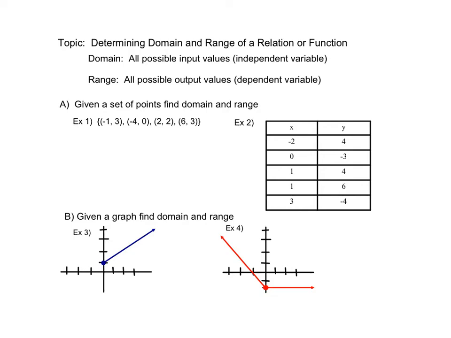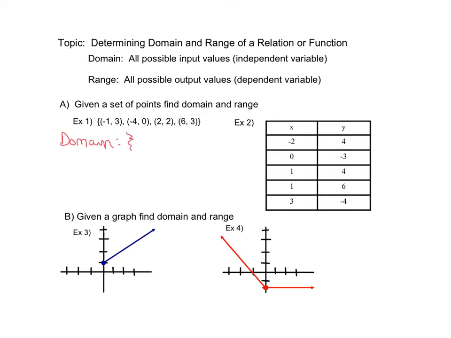But now let's go ahead and look at some actual concrete examples where we're asked to list the domain and range. So here in example 1, I'm given a relationship. A relation is just a set of points, and I'm asked to find the domain and range. My domain is my independent variable, and since y depends on x, x is going to be my independent variable.